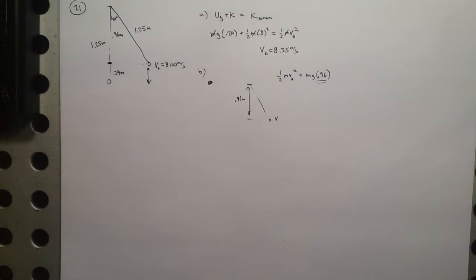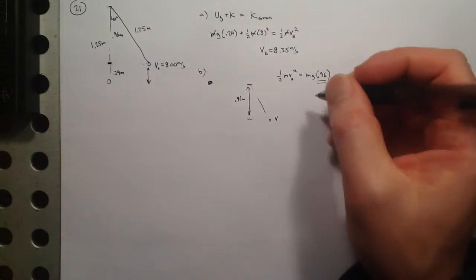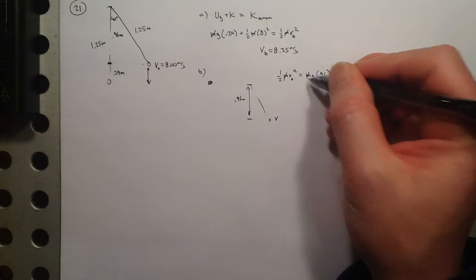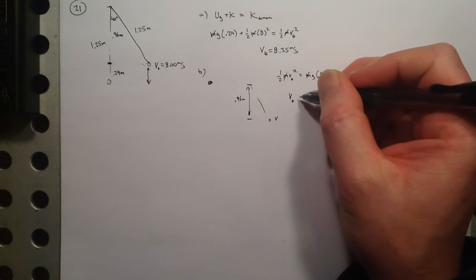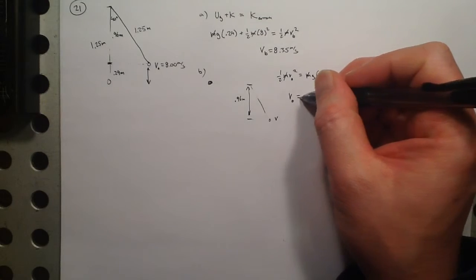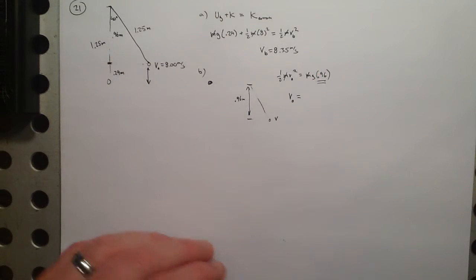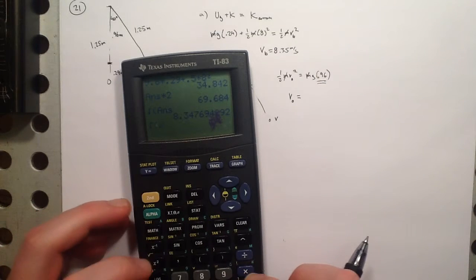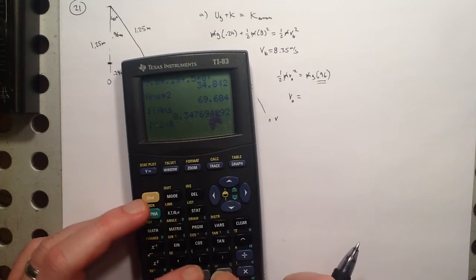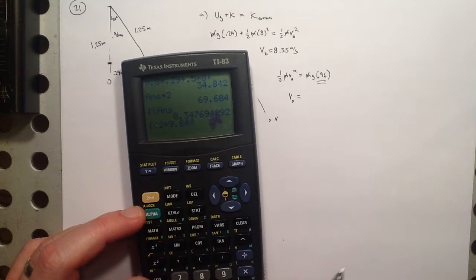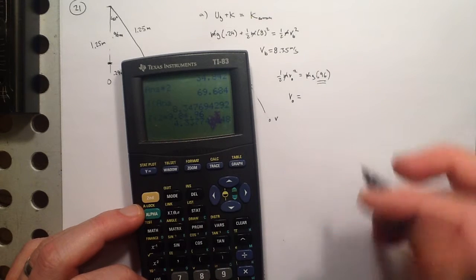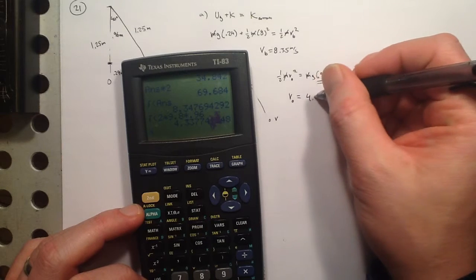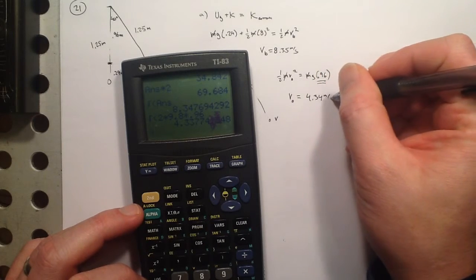So if you set it up like that, that's fine. Mass cancels. So how fast would it have to be going to make it to the horizontal? It would have to be the square root of 2 times 9.8 times 0.96, which is 4.34 meters per second.